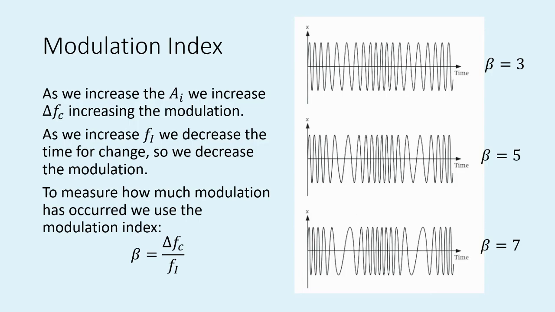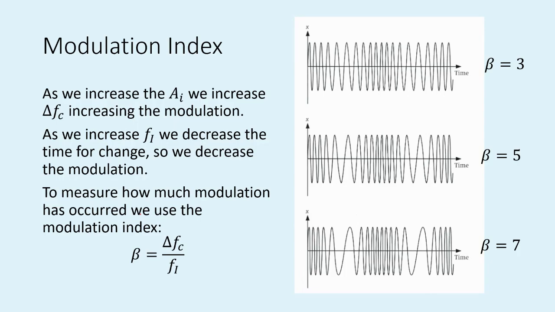The information frequency tells us the maximum frequency present, so that tells us how quickly we're making this change. So if this is very large, then the modulation is quite small, because we are going compressed and then spread out, compressed and spread out really, really quickly. So the modulation is going to be quite small.